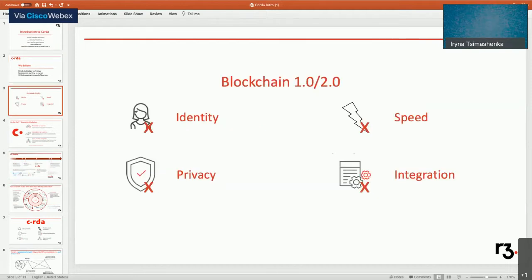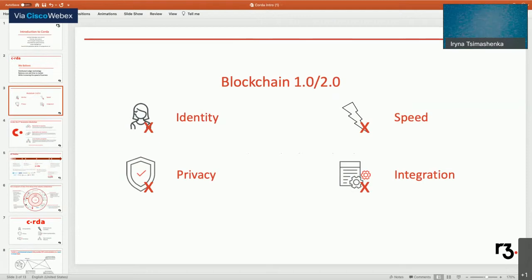So what are the issues with the traditional blockchains? Why is this a problem? There is a problem with identity. There is no strong identity on the blockchain. You don't know with whom you transact. Every participant is pseudonymous.